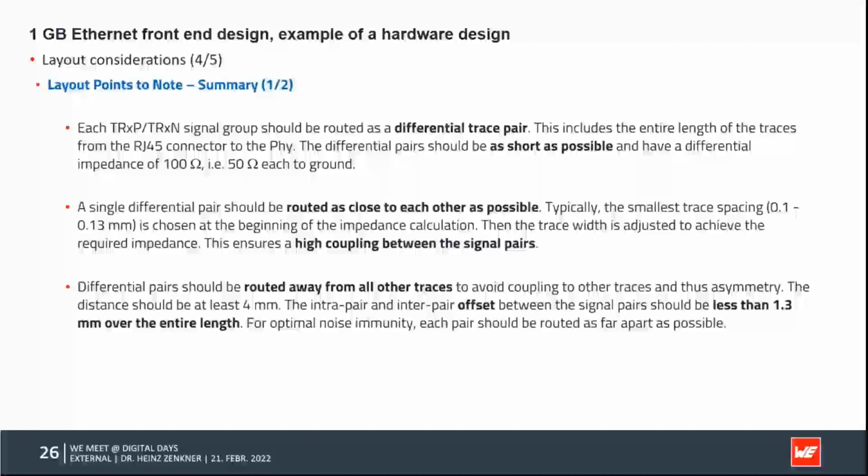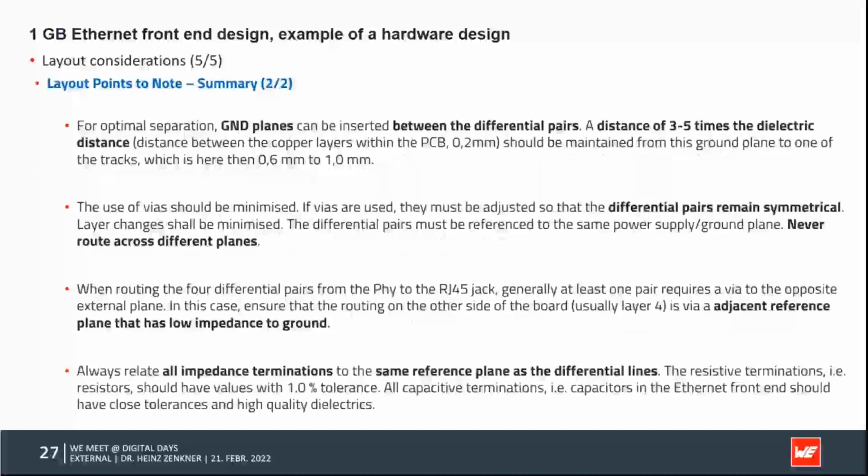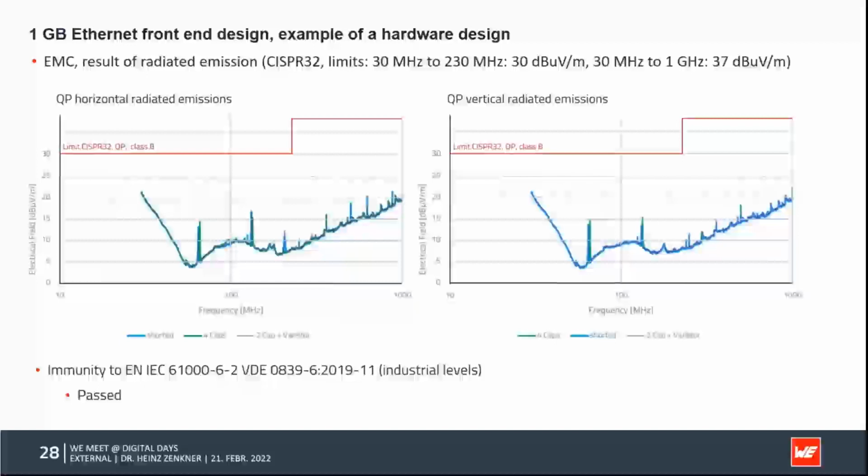This is the EMC result. If you look at the radiated emission here, the vertical and the horizontal, you see that we have sufficient distance. And that's under full speed condition. The immunity here has been measured against industrial levels and can be passed without metal housing, which means we have a high immunity.